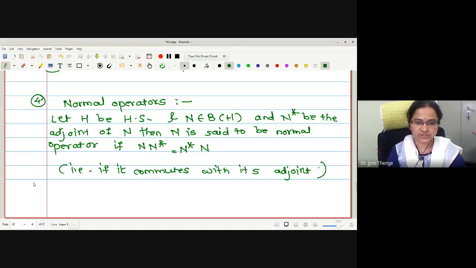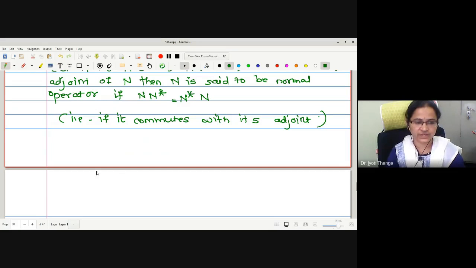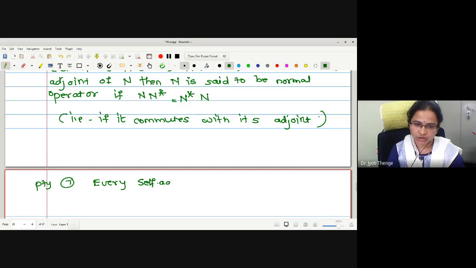Okay, therefore the first property we will follow is: every self-adjoint operator is normal. Why is every self-adjoint operator normal?